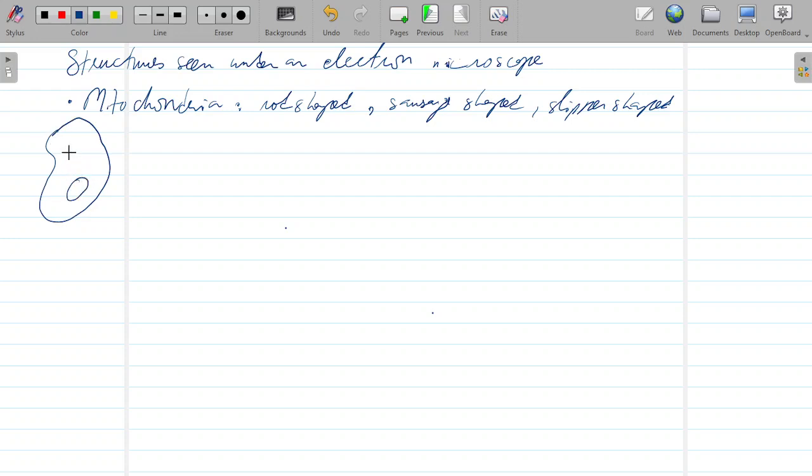You have the nucleus here, and you will see this in an animal cell and a plant cell as well. So maybe they'll appear to be something like this.